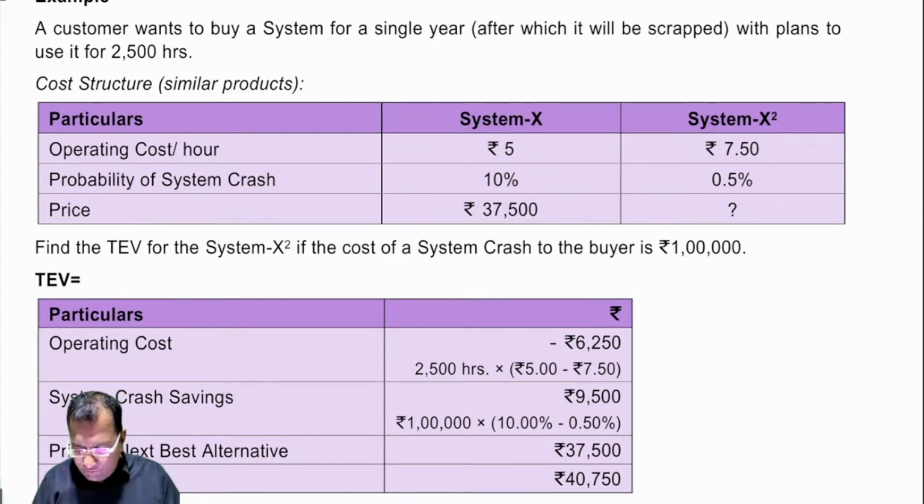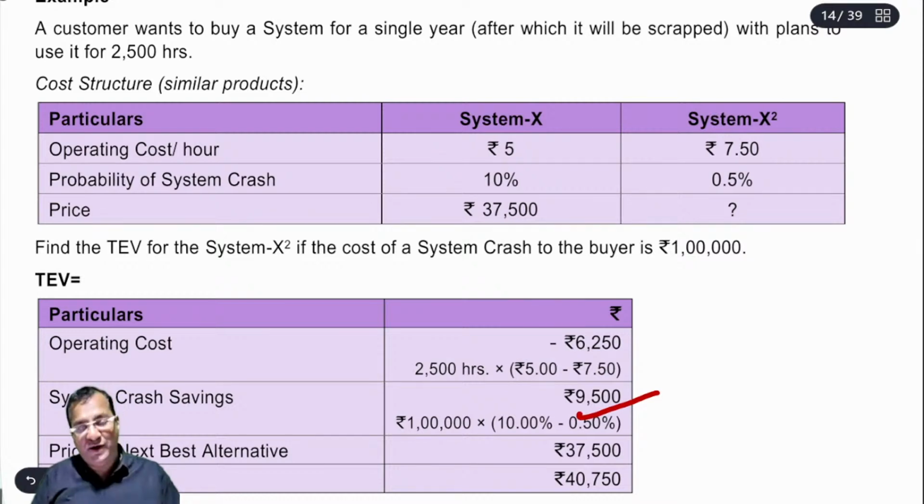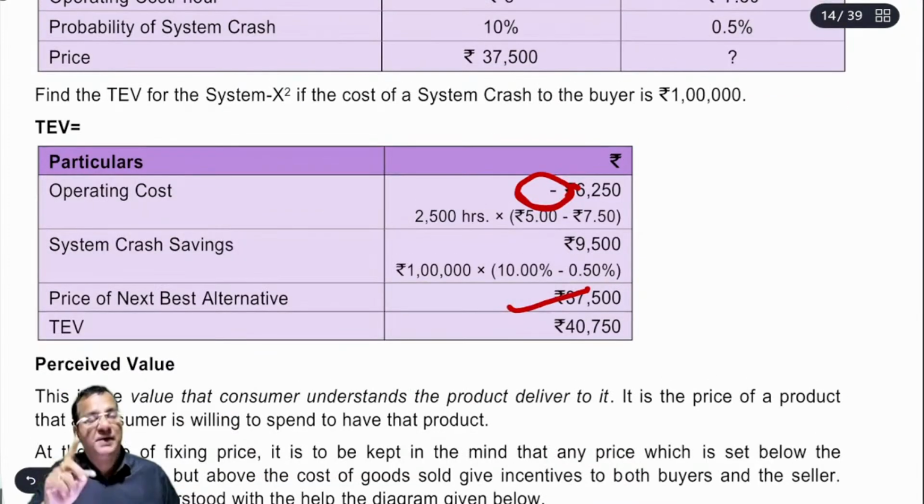So 9.5% less probability multiplied by 1 lakh amounts to 9,500 rupees of favorable performance differentiation. While the negative will be that the customer will incur 2.5 rupees per hour extra on our product, multiplied by 2500 hours, it will amount to 6,250, and it will be a negative performance differential. So 37,500 plus 9,500 minus 6,250, this is known as true economic value.